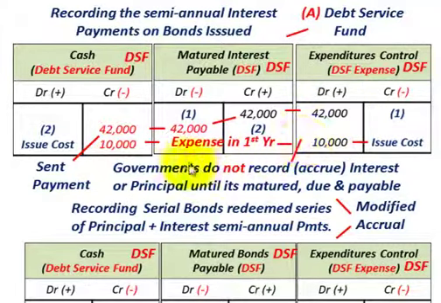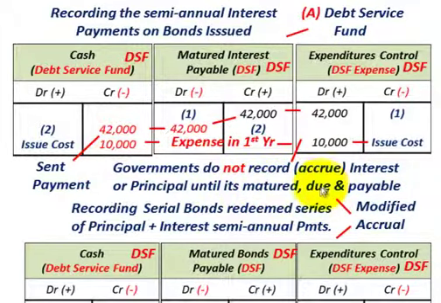But what you want to note here, governments do not record or accrue interest or principal until it's matured, due, and payable. So that's the key account here. This $42,000 was matured, due, and payable, and we couldn't accrue it here as an expense until these three requirements were met here.